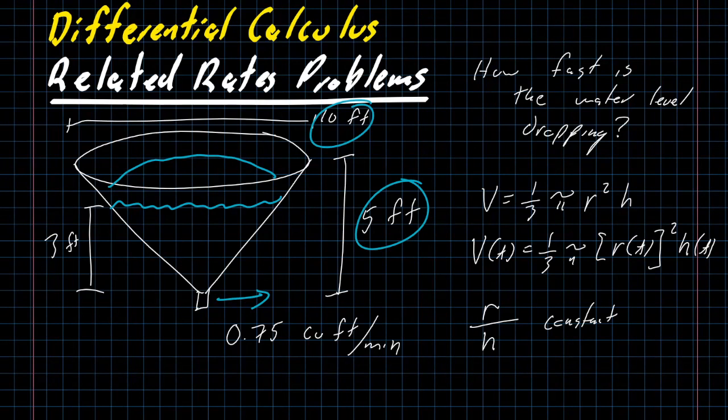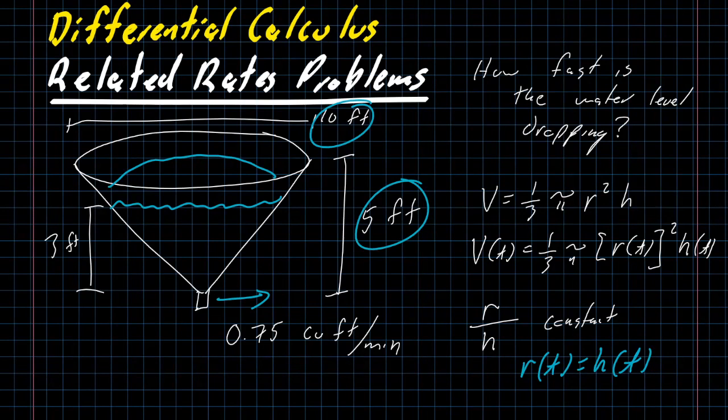The diameter of the machine itself, the diameter of the trough is 10 feet, which means that the radius is 5 feet. The height is also 5 feet. Because the radius and the height are equal at the start, if the tank were completely filled, the radius and the height will always be equal. That's an idea of similar figures, right?